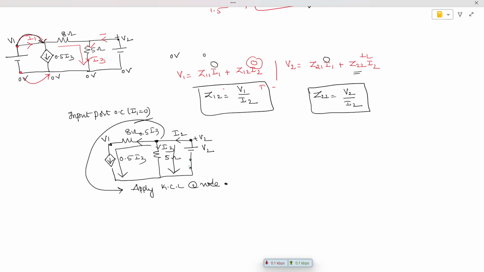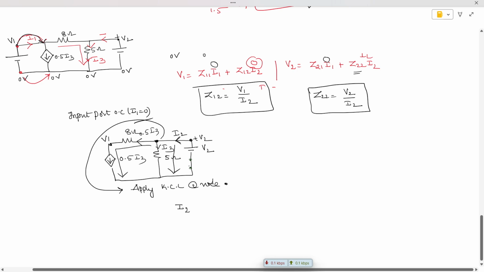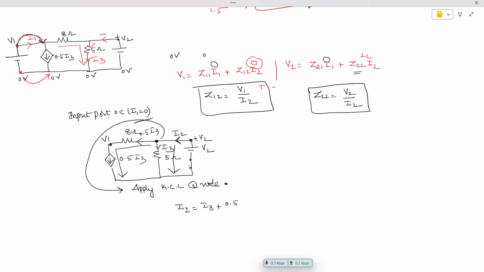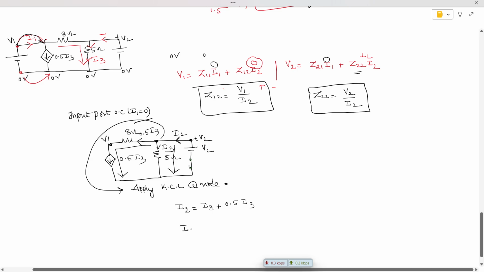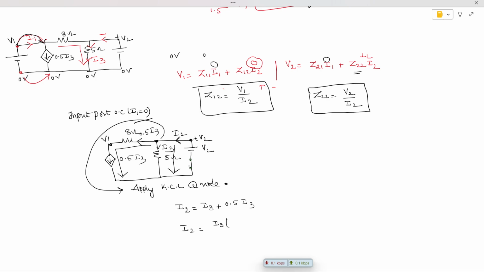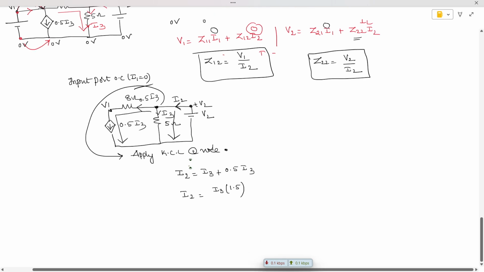Here the entering current is I2. Leaving current is I3 plus 0.5 I3. So I can write I2 is equal to, taking I3 as common, 1 plus 0.5, which is 1.5 I3.